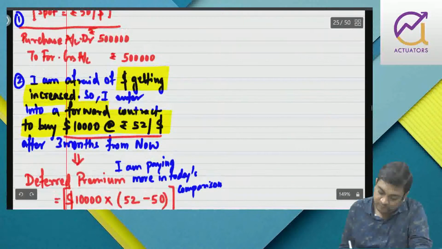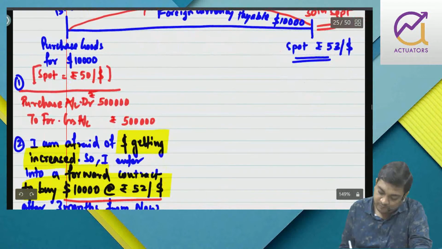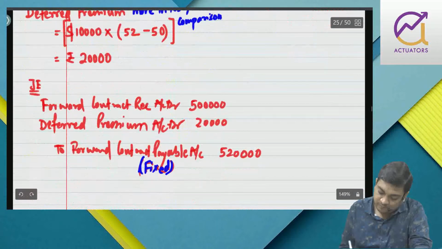Now what happens on the settlement date? On the settlement date, the spot rate turns out to be 53 per dollar. So first of all, I buy at 52, sell at 53. So I have shown my receivable, if you see carefully.